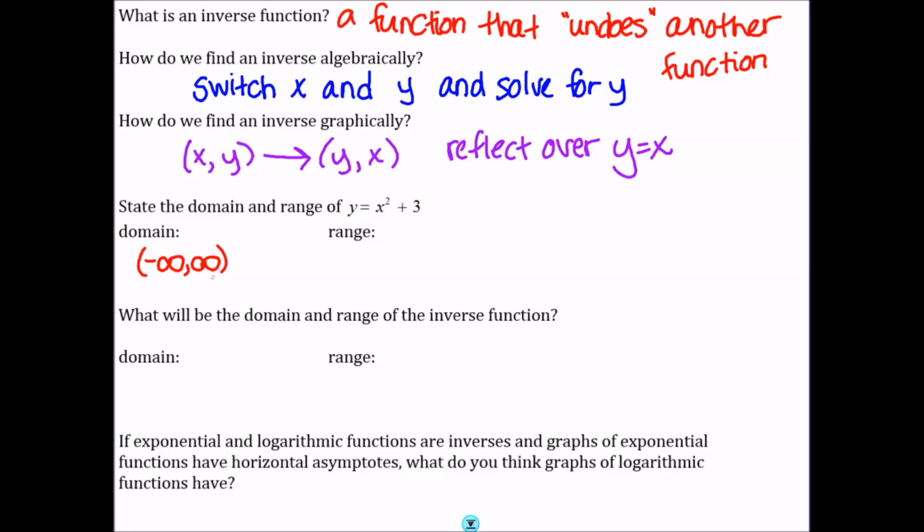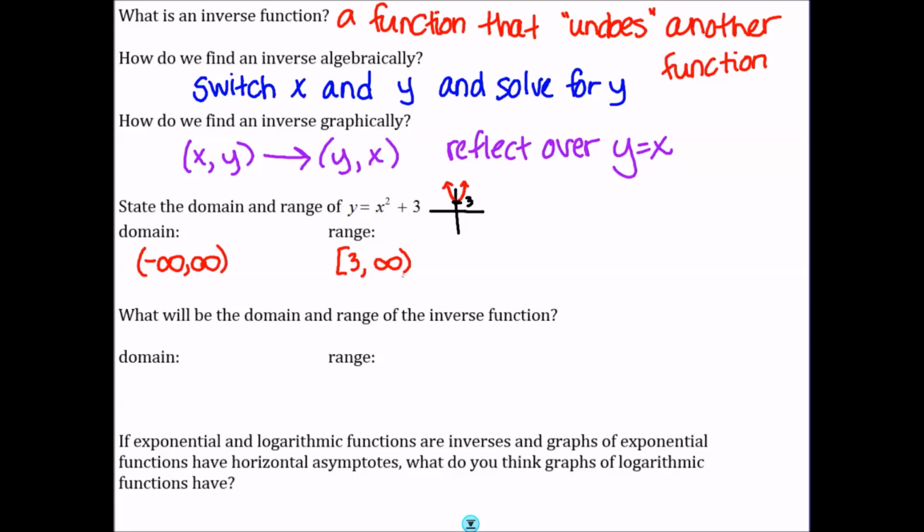The range of this graph, this would be a parabola that is just shifted up. And so the vertex would be at 3. So our range is 3 to infinity.